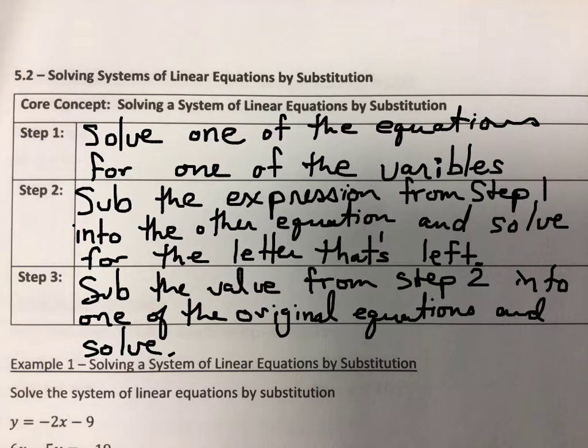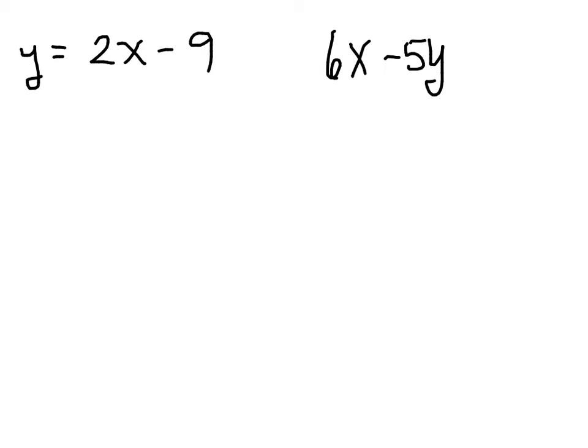All right, so example number 1 has y equals 2x minus 9, and 6x minus 5y equals negative 19. So this is the first thing that you got to do.